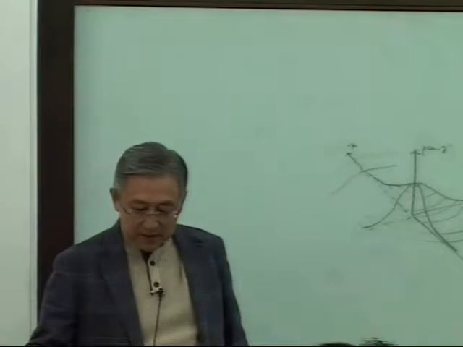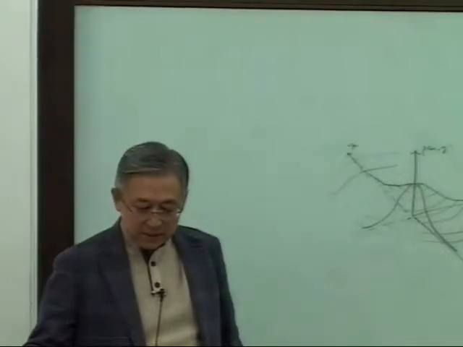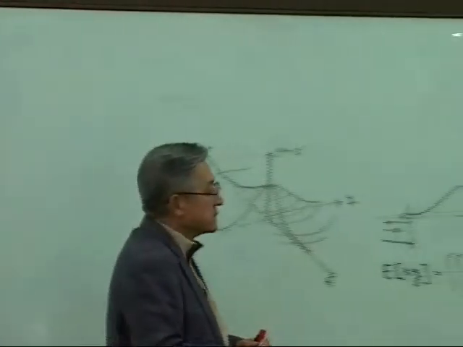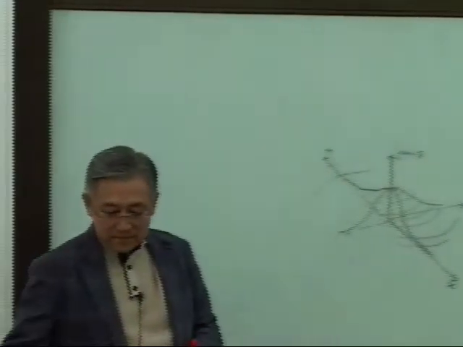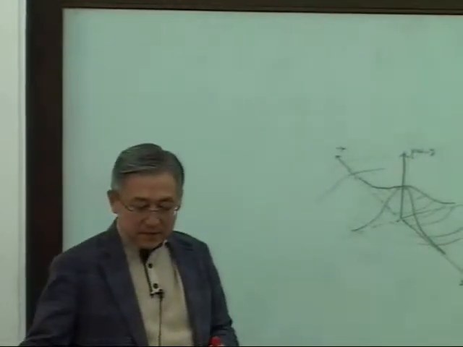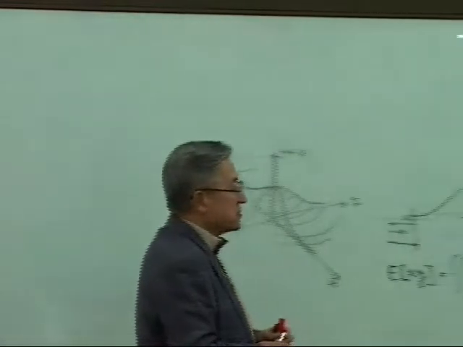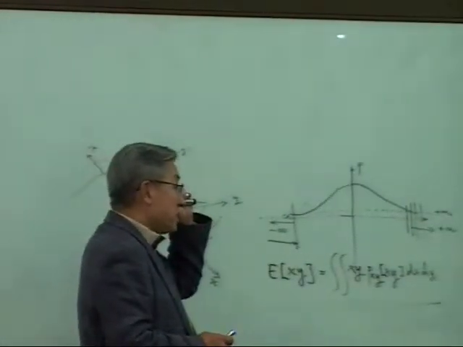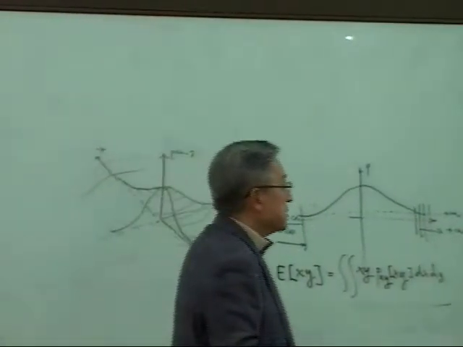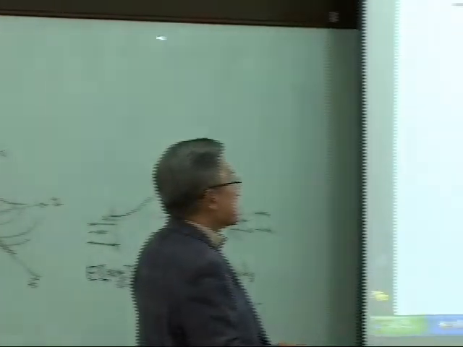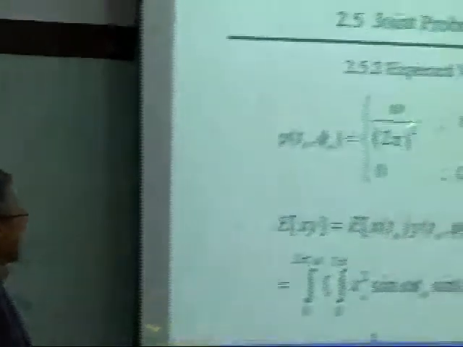Okay. So this is almost done to get the joint probability density function. It is in the previous page. This is exactly that.